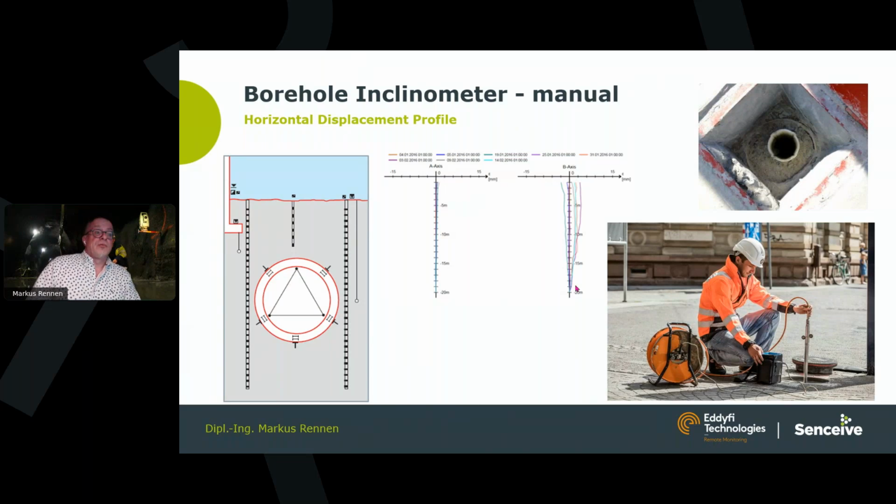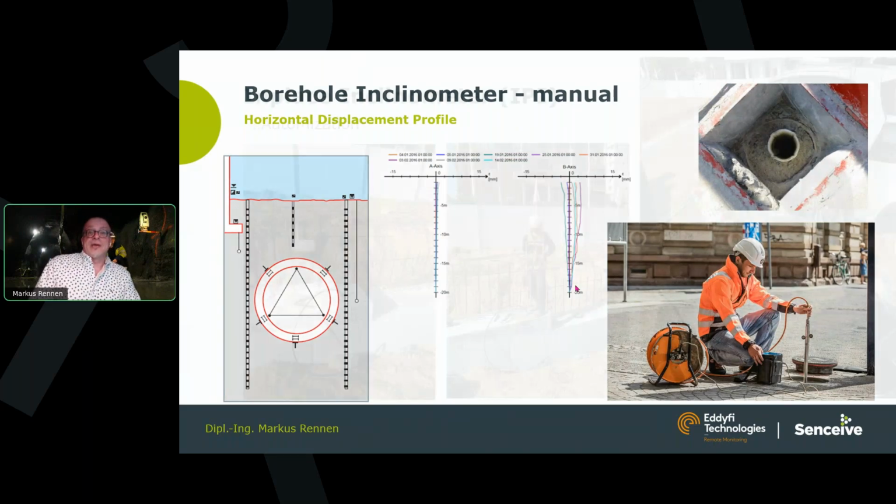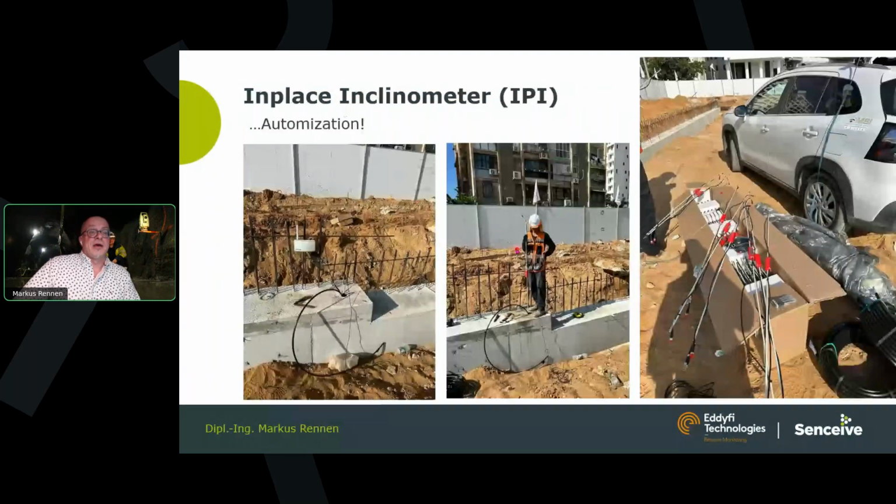But there we can also add automatic equipment. This equipment, these IPIs, in-place inclinometers, is connected to this kind of node, the node collecting the data, submitting it to a gateway, and from the gateway automatically transmitting it to a web platform where everybody interested and authorized has access to the data.